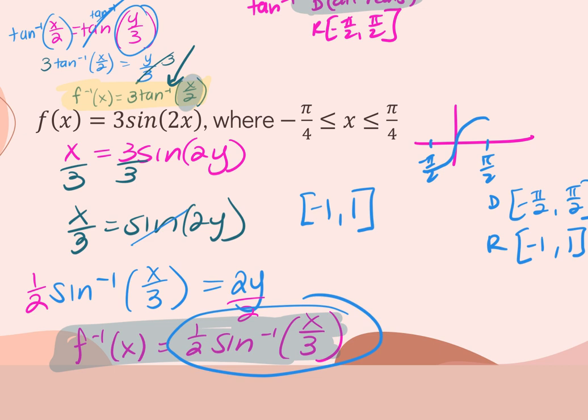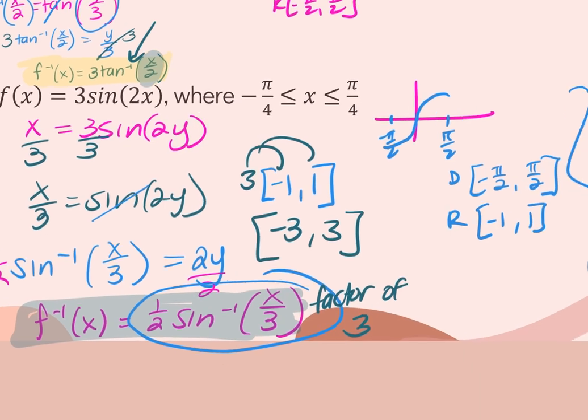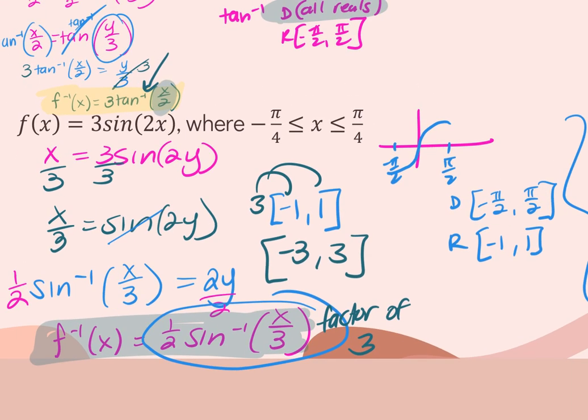The x over 3 is affecting your x, right? What kind of dilation is that? Factor of 3. So I literally take 3 and I multiply it in. On the multiple choice, or on Classroom, it says negative 3 is less than or equal to x, which is less than or equal to 3. That's how it's written. Those obviously mean the same things.